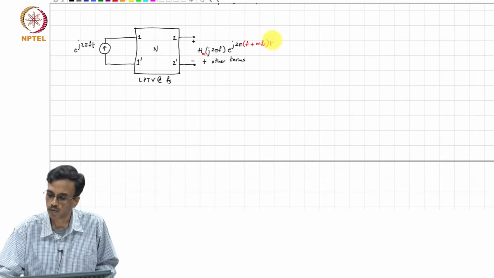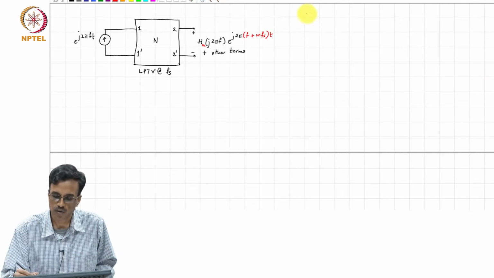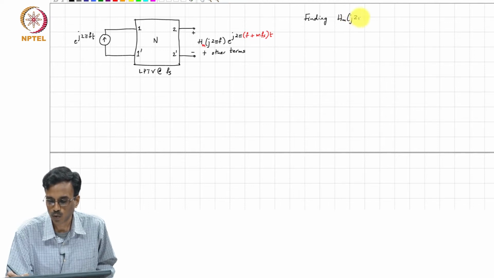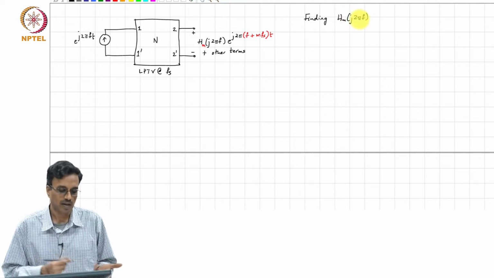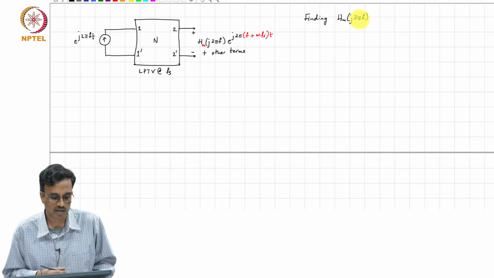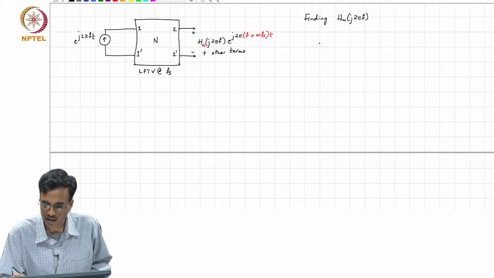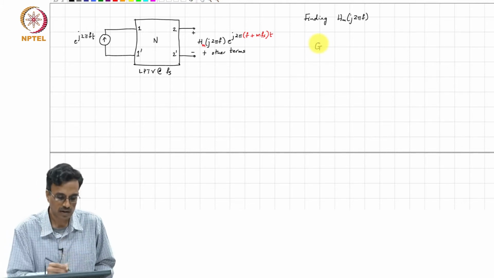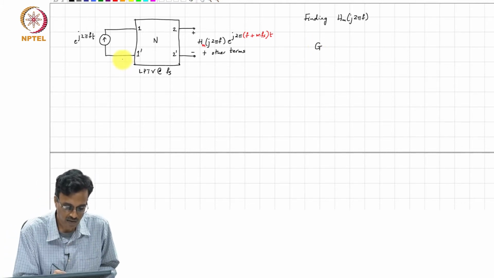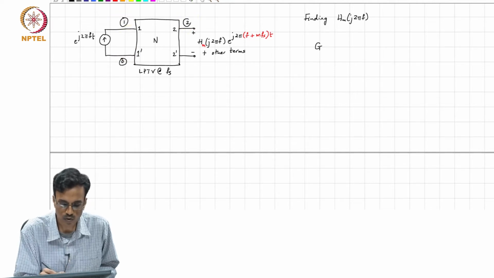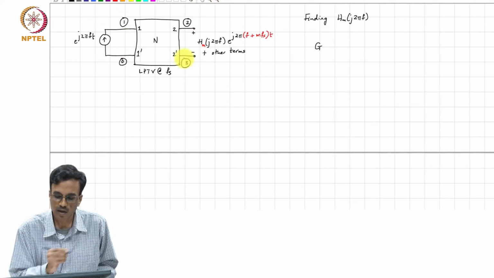And again, to find H sub m, how do we do this? Well, it's pretty much same old, same old. We write the G matrix. Again we assume that this node is 0, this is 1, this is 2 and this is 3.